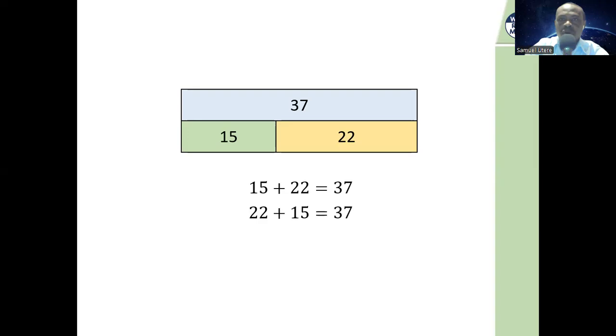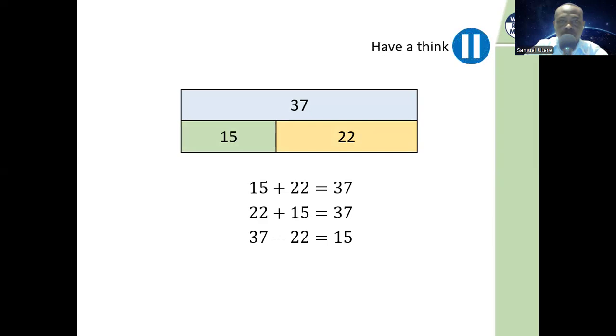Have a think. What other calculations can you spot from this bar model? We can actually spot 37 subtract 22 equal to 15.